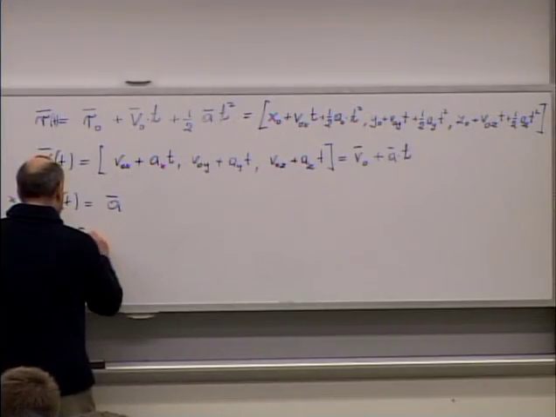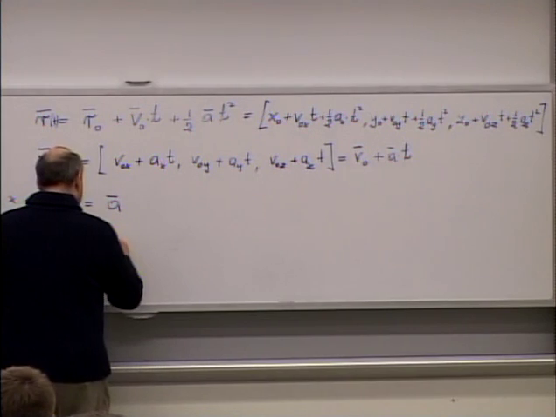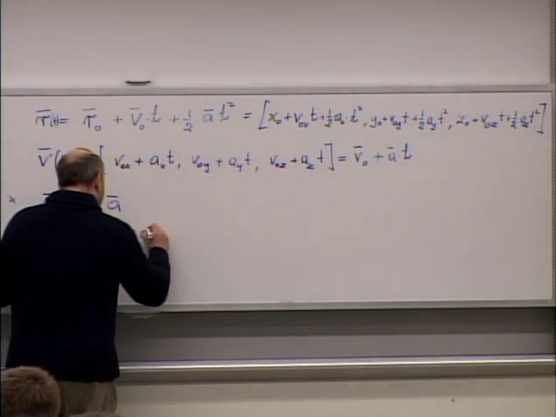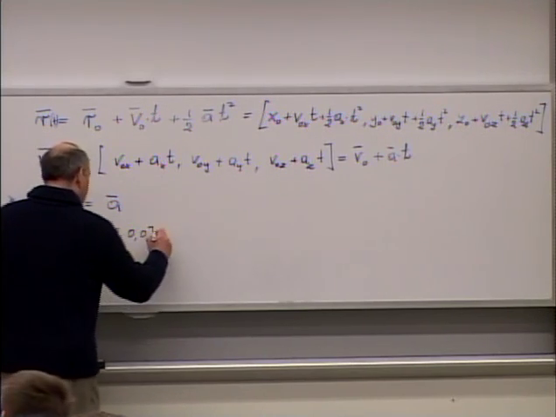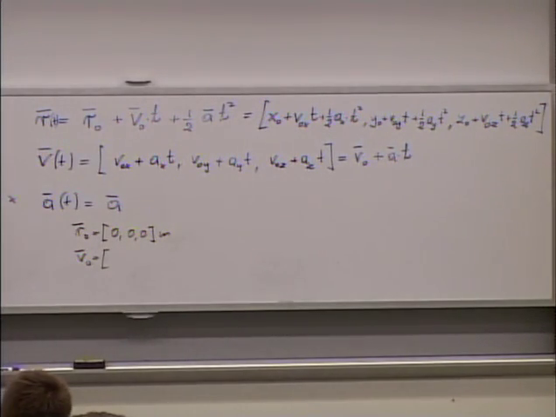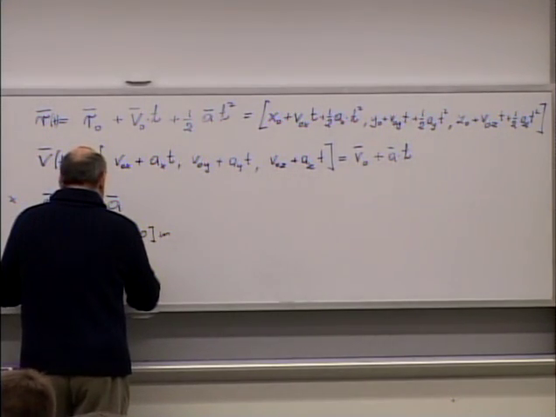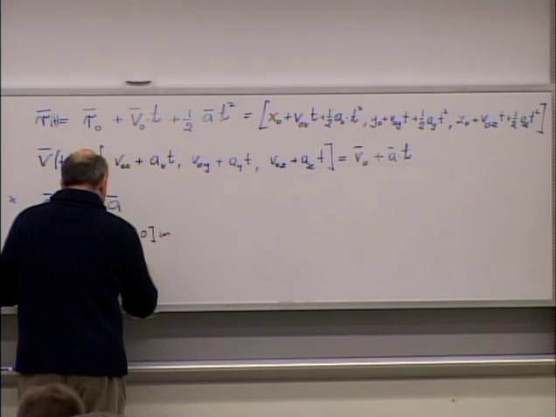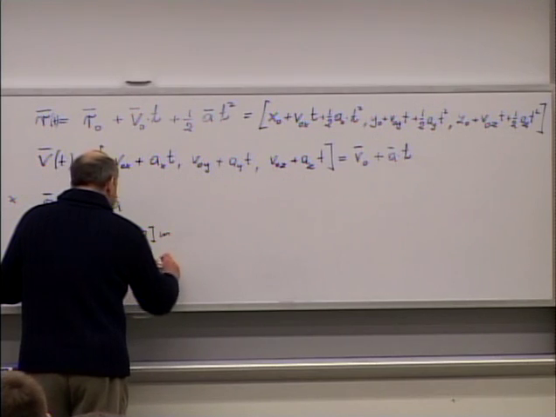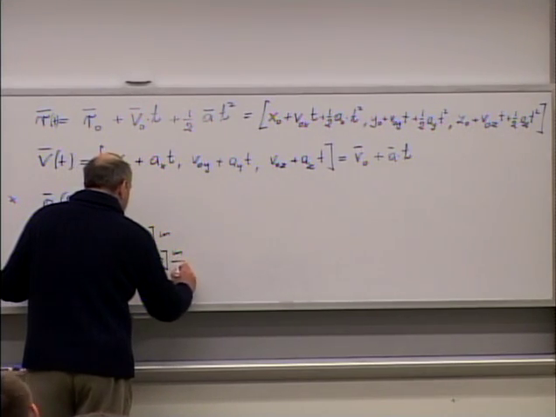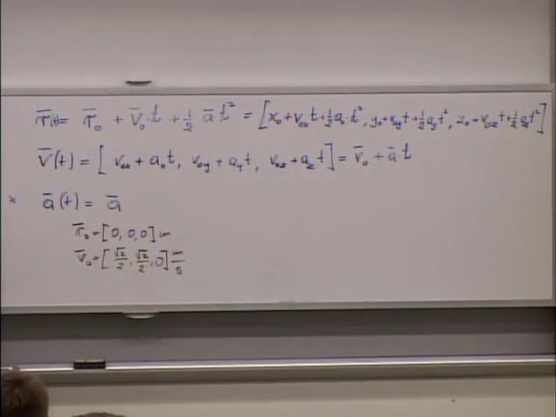Actually, how about if I write down r0 is going to be 0, 0, 0. Now, v0 is going to be in meters per second. It travels 1 meter per second that way, so x component will be 1 over square root of 2, or square root of 2 over 2. Square root of 2 over 2, square root of 2 over 2, 0 meters per second.